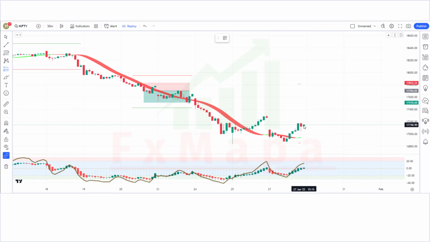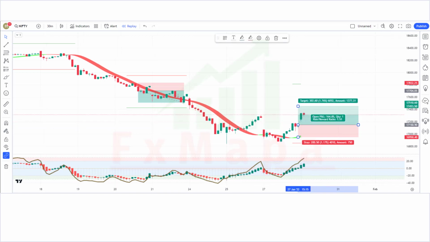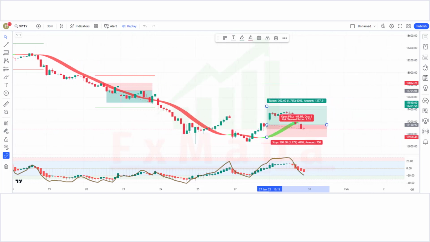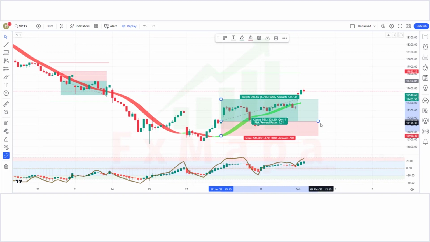Our stop loss will be placed at the Boom Hunter Pro indicator of stripe lower. And the risk to reward ratio will be 1:1.5. The market has completely hit the target.